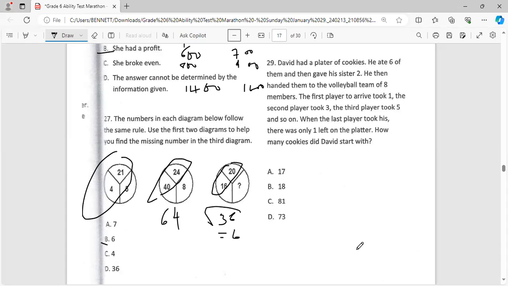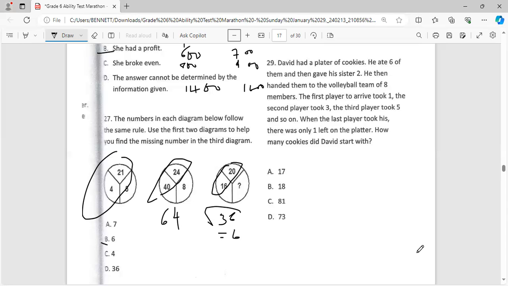Sir, square the number on the right-hand side and add the number on the left and the top. The square of 5 is 25 and 4 plus 21 equals 25.